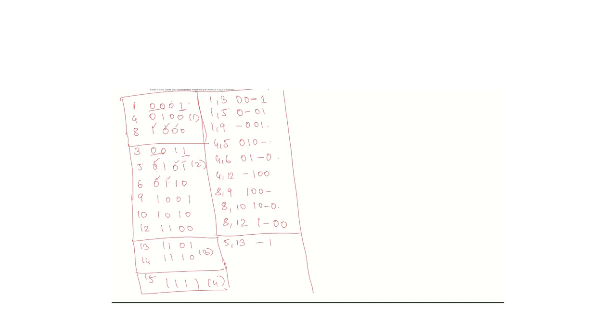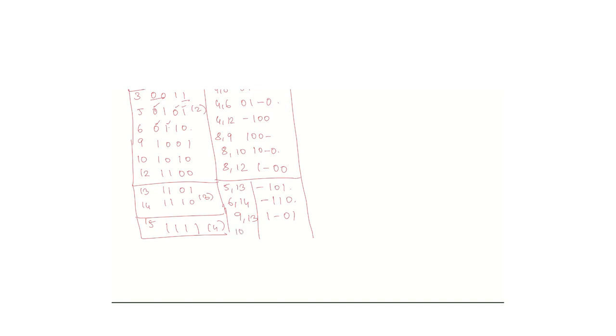So 5 comma 13 will be 1 0 1. 6 comma 14 will be 1 1 0. 9 comma 13 will be 1 dash 0 1, and 10 comma 14 will be 1 dash 1 0, and 12 comma 13 would be 1 1 0 dash, and 12 comma 14 would be 1 1 dash 0.